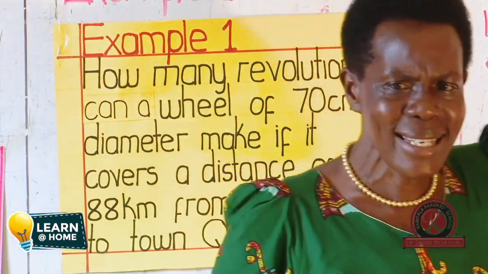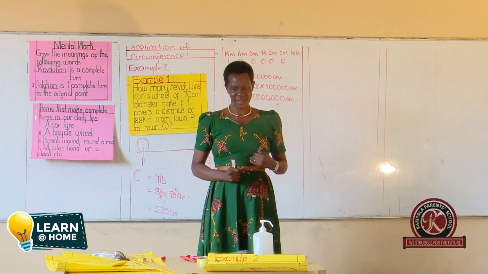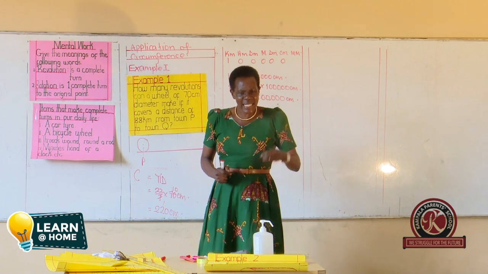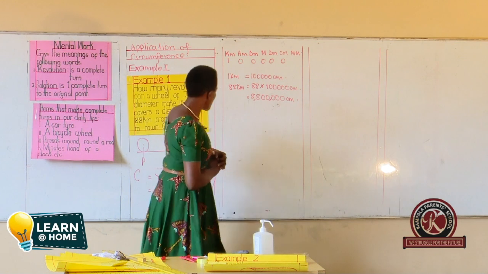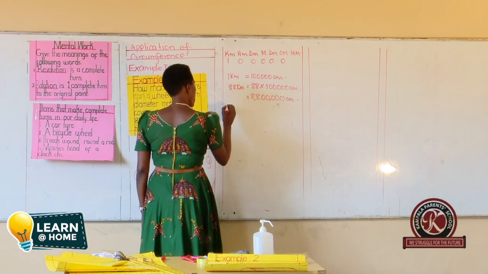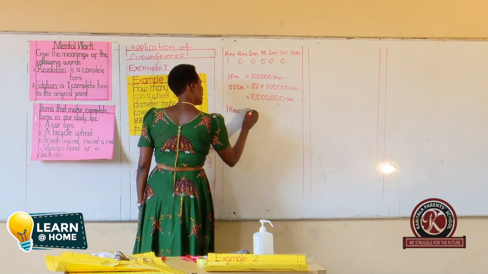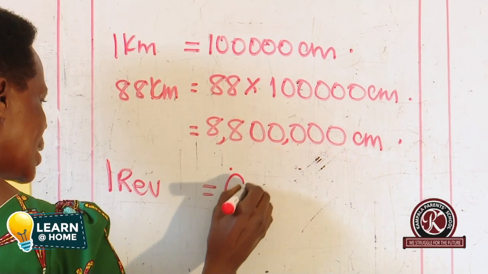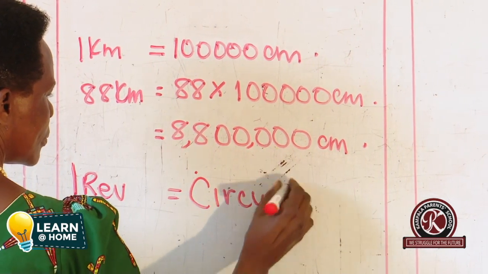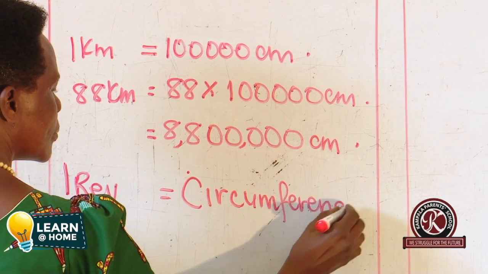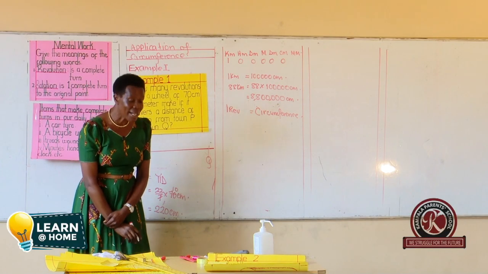When I was turning the tire, I told you that if I roll it once, the distance covered is equal to circumference. So, what do I say? I can say 1 revolution equals what? Circumference. One revolution equals circumference.